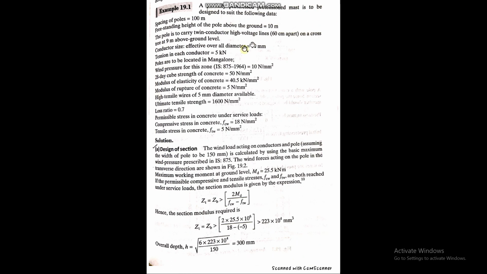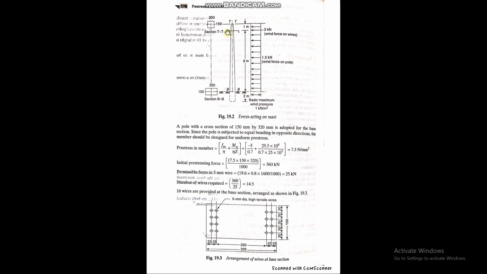So how is it going to happen? The diagonally opposite wires are spaced at a distance of how much? 60 millimeter, I guess. In the problem it is given they are spaced 60 centimeter apart, so you have 600 millimeter distance between the twin conductors, that is this distance. Wires originating in this portion have one wire connected and wires originating in this portion have one wire connected.